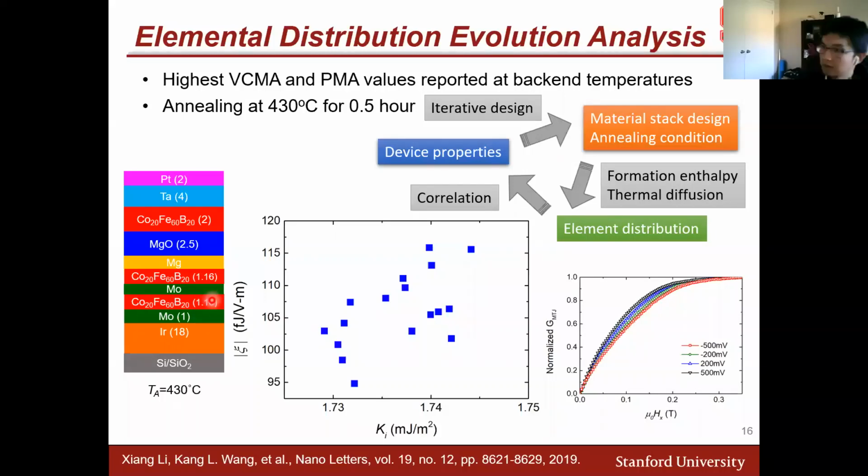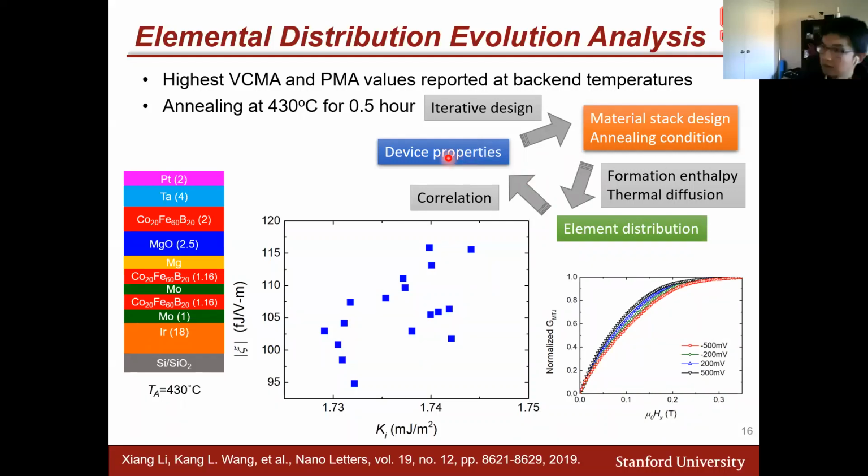Coupled with the correlation we found, we can then have a better, more accurate prediction. So this is just the beginning of more quantitative analysis or prediction of the material development.